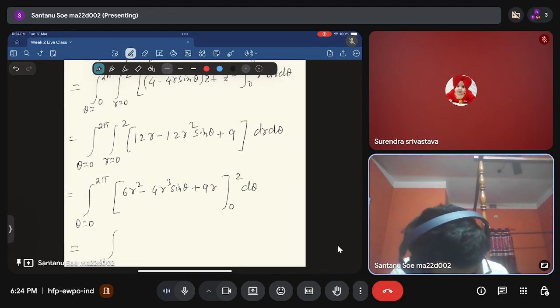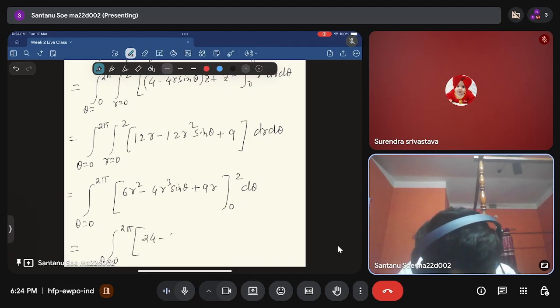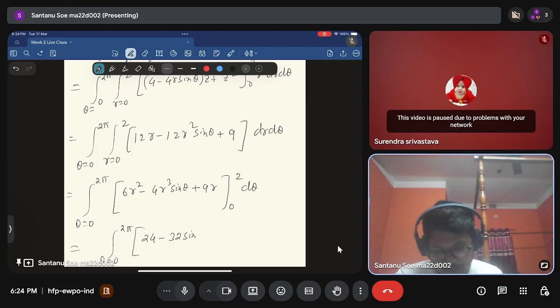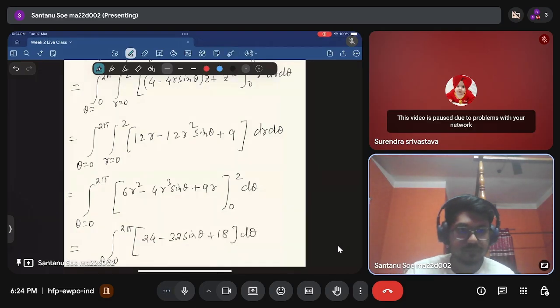This is the same as theta equals 0 to 2 pi, 24 minus 32 sine theta plus 18, d theta.